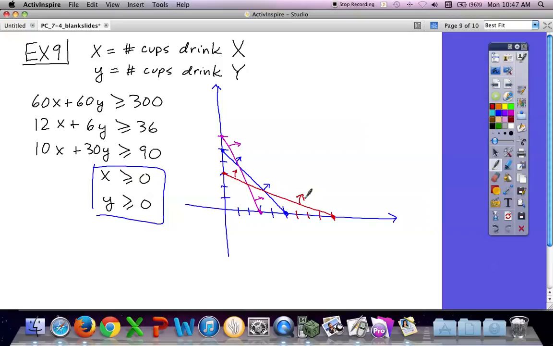Now these two are telling us that we're in the first quadrant. So if I had to point out this area, it would be this, like this. It goes down there, turns there.